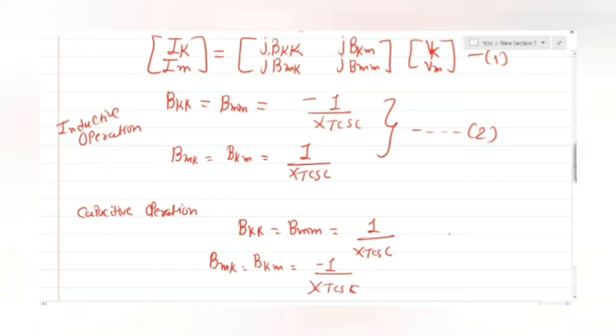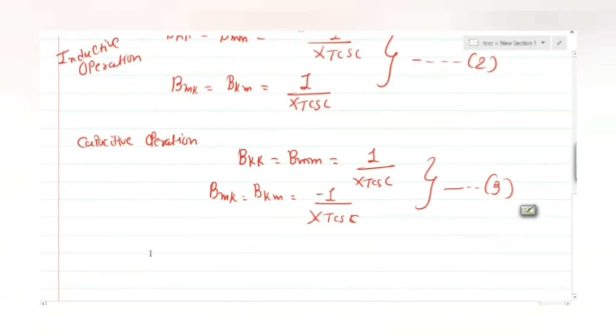This is equation number 3. So when we put the value of this susceptance matrix, we will get the equation of active power and reactive power.